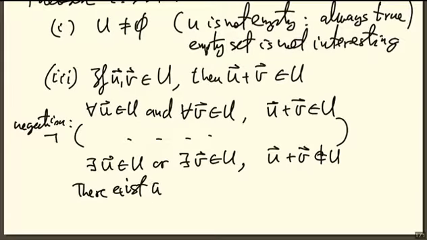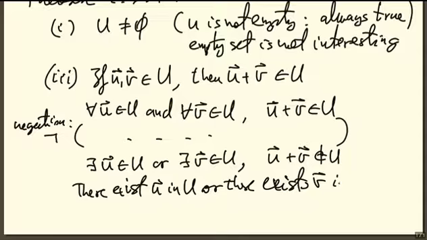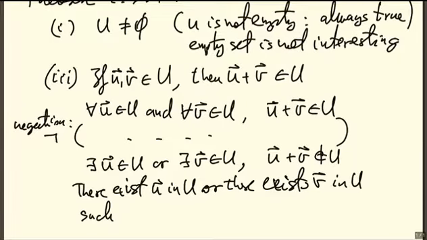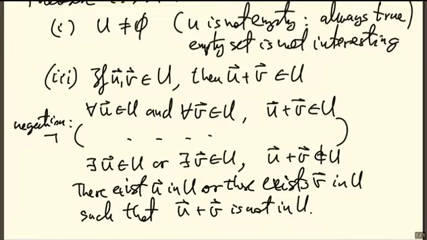There exists u in set U, or there exists v vector in U such that u plus v is not in U, the sum is not in U. The important thing to notice here is that when you negate the universal quantifier, you don't turn the "in" notation into "not in". You just turn the universal into existential.